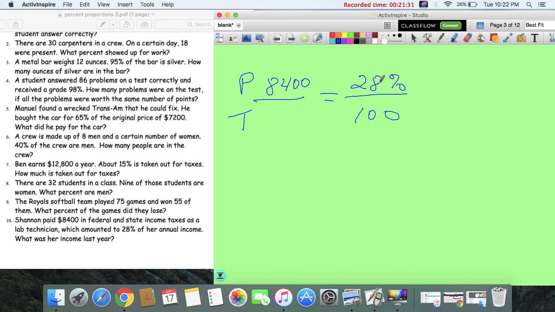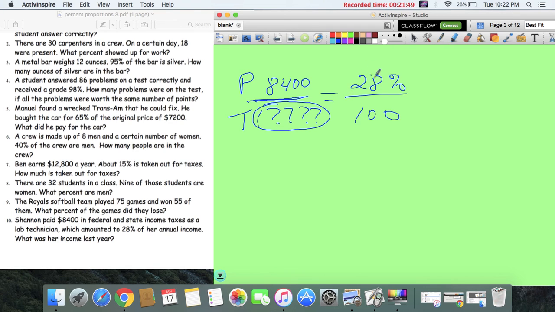So she paid 28% in taxes. What would that be out of? If out of the whole thing that you made all year long, you paid $8,400, what was the whole amount that you made all year?